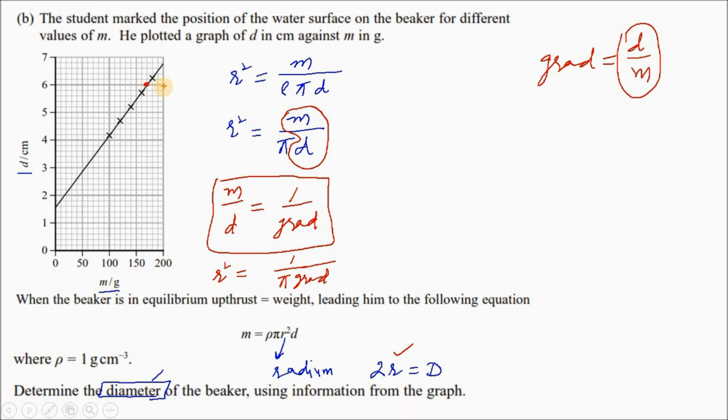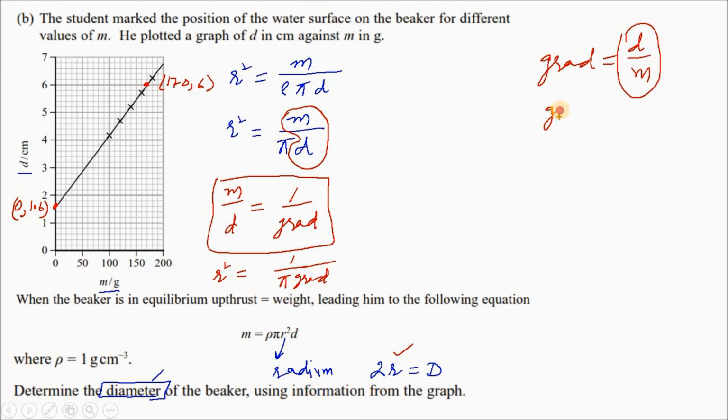This is 1 point, and the coordinate of this point will be 170, comma, 6. And yeah, this is fine. The coordinate of this other point will be 0, comma, 1.6. These are the 2 points. Now let's figure out the gradient.